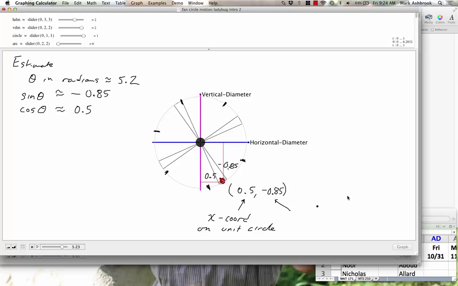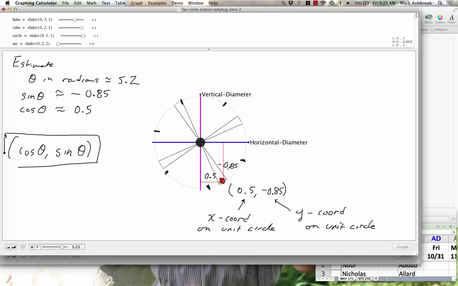Similarly, sine can be defined as the y-coordinate on the unit circle. So we can write coordinates on the circle as cosine theta, sine theta, on the unit circle, or using radius length as our unit of measure.